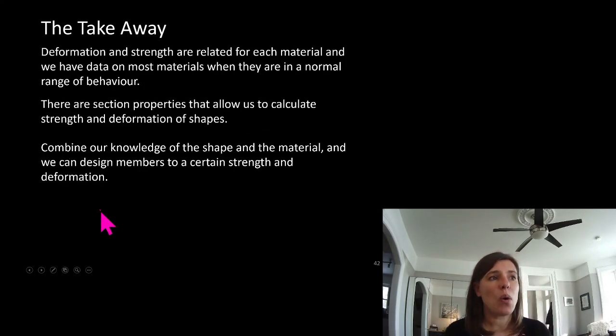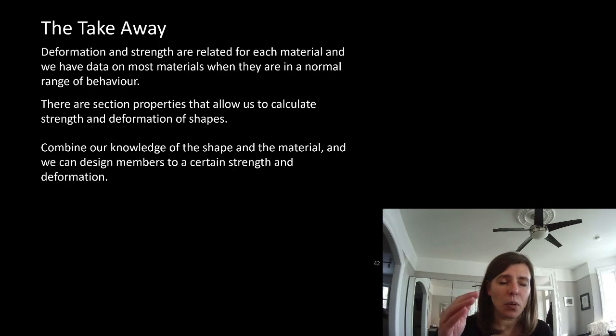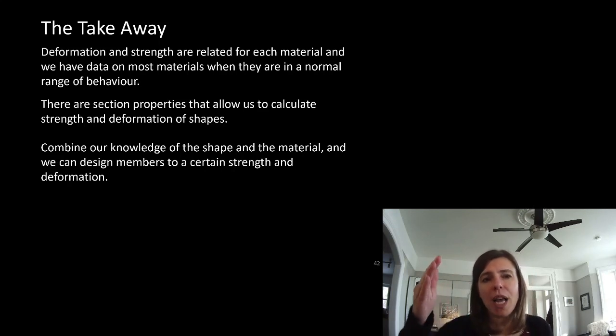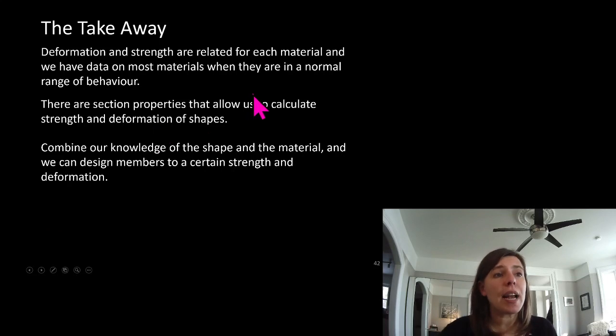So the big takeaway here: deformation and strength are related for each material, and we have data on most materials available to us when they're in a normal range of behavior. So remember that elastic zone, and if it's a yielding material, we can go just up until it yields up to the neutral axis. That's the most we'd ever let anything go. And there are section properties that allow us to calculate the strength and deformation shapes.